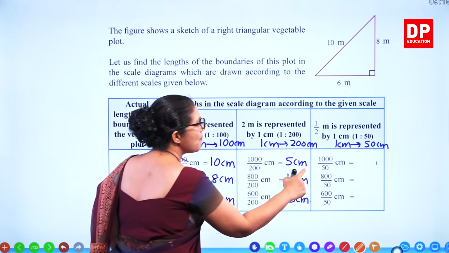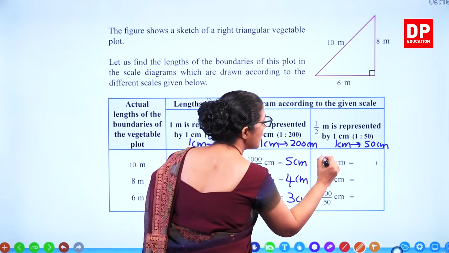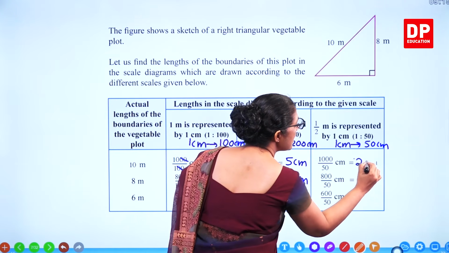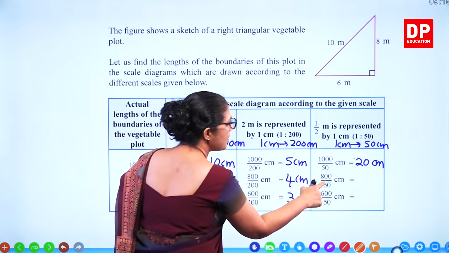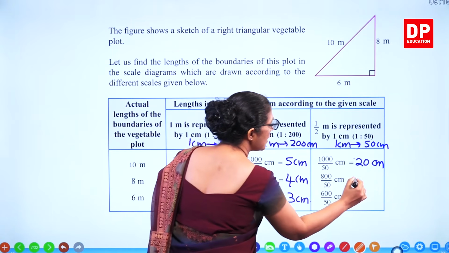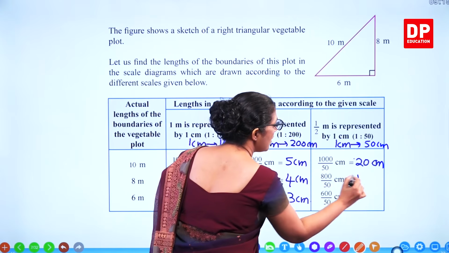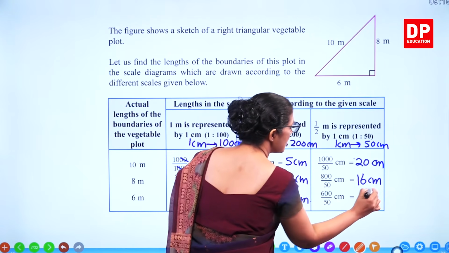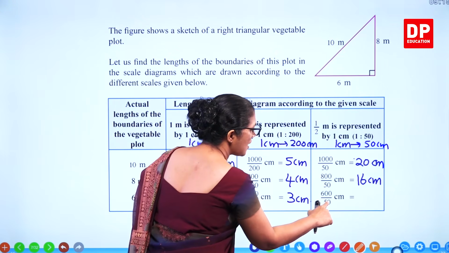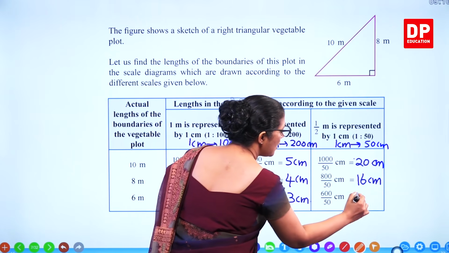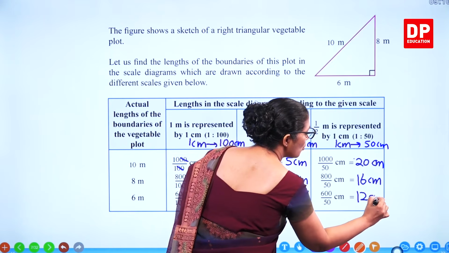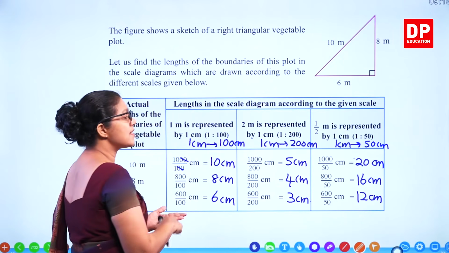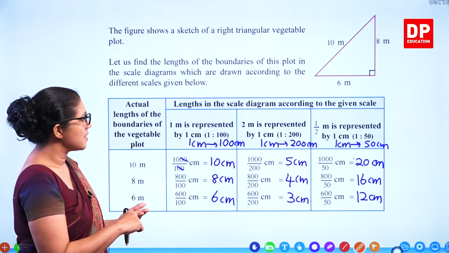So 1000 divided by 50, you get 20 centimeters. 800 divided by 50, 16 centimeters. 600 divided by 50, you get 12. So you need to take 20, 16, 12 centimeters.